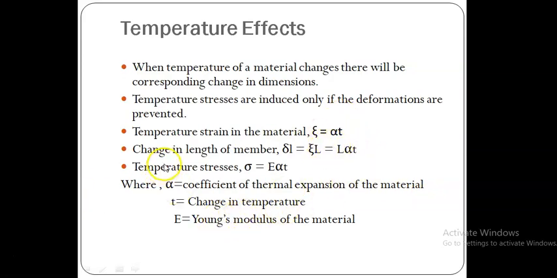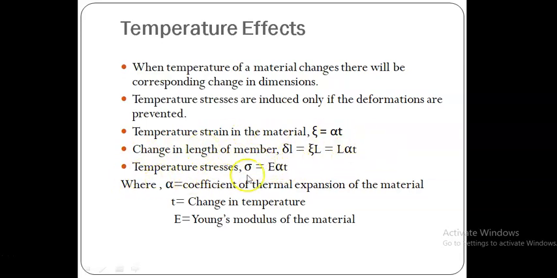So by knowing this strain, we can find the deformation of that member due to these temperature effects. That is, the change in length of the member delta L is equal to strain into the original length L, that is, alpha T into L, which gives the change in length of that member due to temperature effects.